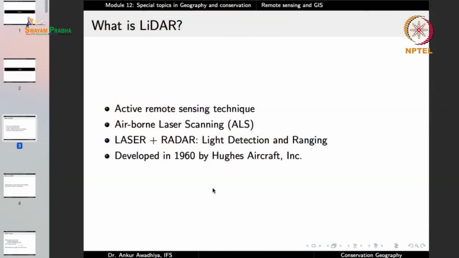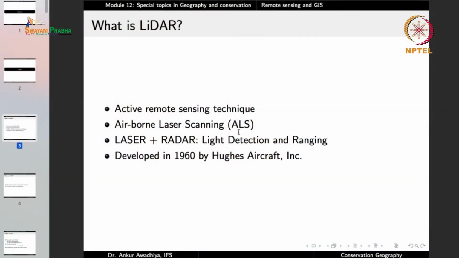Now, LiDAR is an active remote sensing technique, means that it is remote sensing, sensing from a distance, but utilizing energy to generate those light or those beams that are going to go to the object, interact with the object, and bring back data from the object.